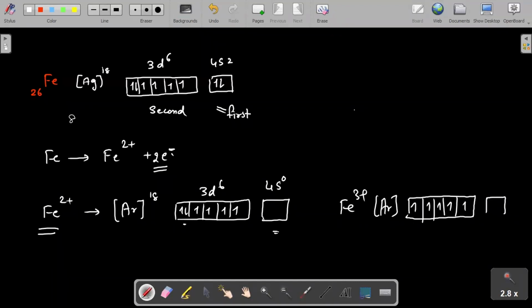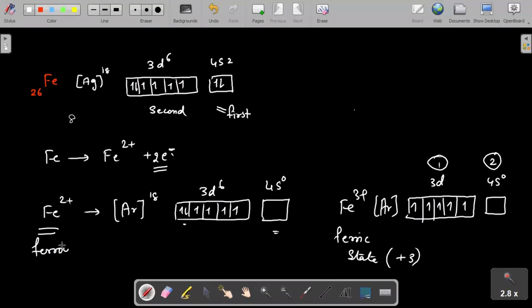Altogether, I have taken 3 electrons, 2 electrons from the s orbital and 1 electron from the d orbital. Total 3 electrons I have taken out to bring iron into its ferric state, or you can say +3 oxidation state.